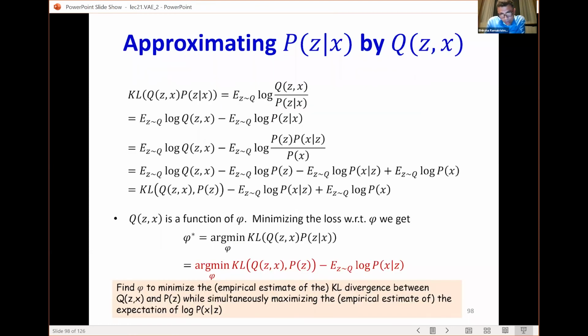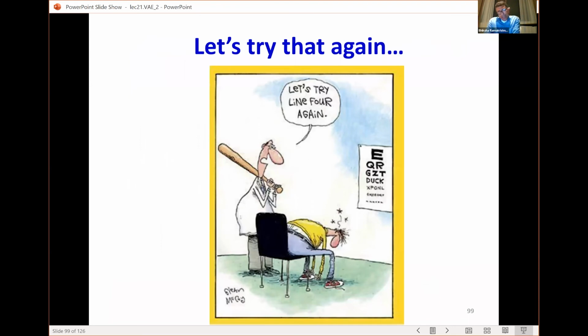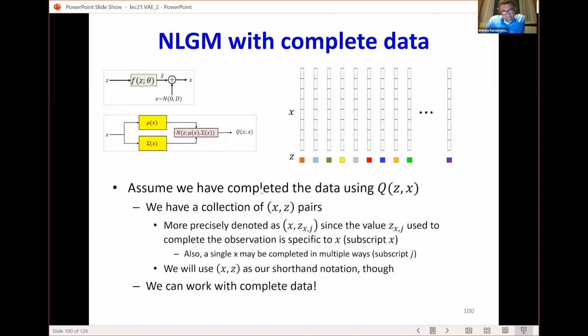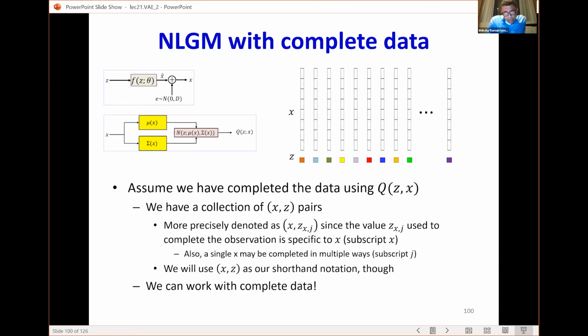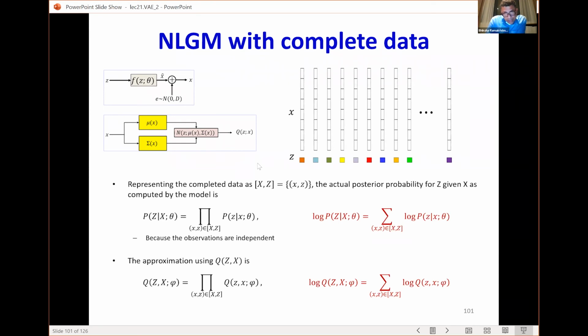So what exactly does this mean? Let's go back and take a look at what we are trying to do very quickly, right? What we are saying is for every x, we are missing some z's. So we're going to sample some z's, and then we want to minimize the divergence between Q of z given x for each x and P of z given x.